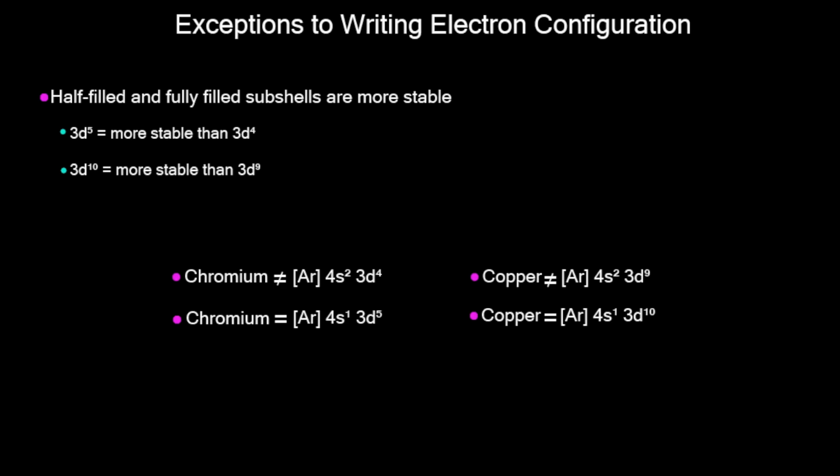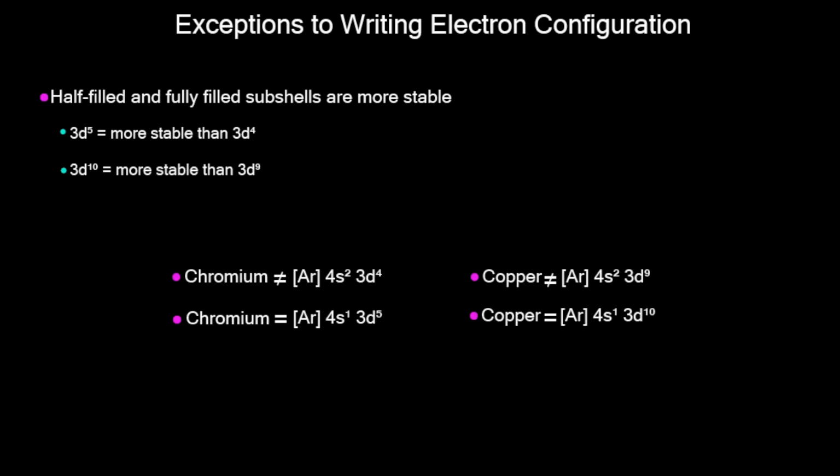Now let's look at chromium, which has an atomic number of 24. If we follow the Aufbau principle exactly, we would expect chromium to have an electron configuration of [Ar] 4s2, 3d4. But in reality, chromium's actual configuration is [Ar] 4s1, 3d5.